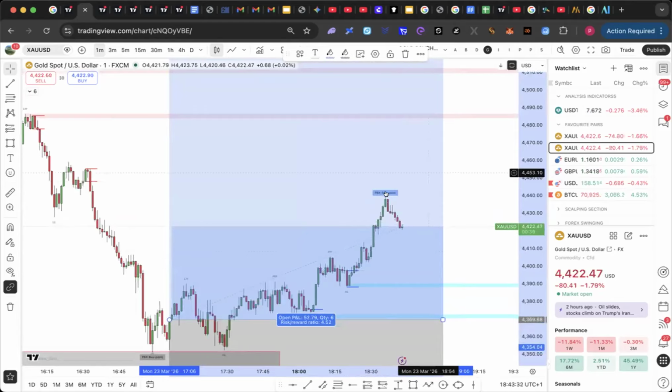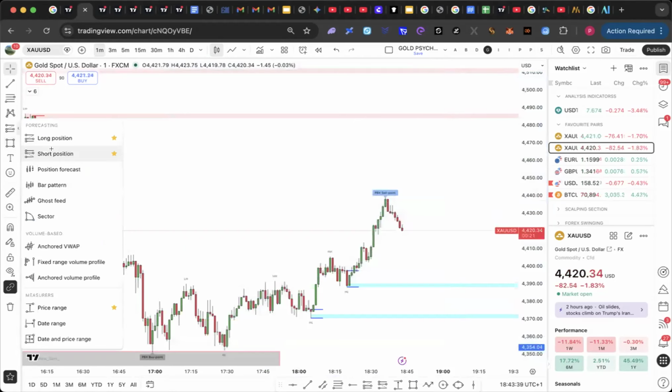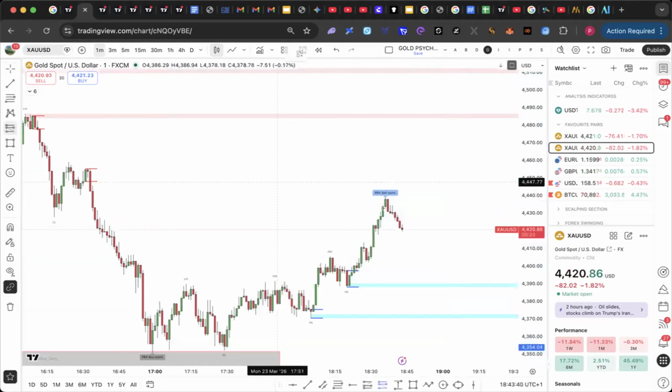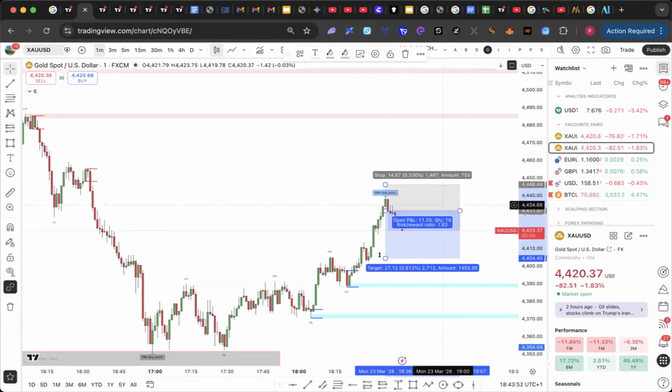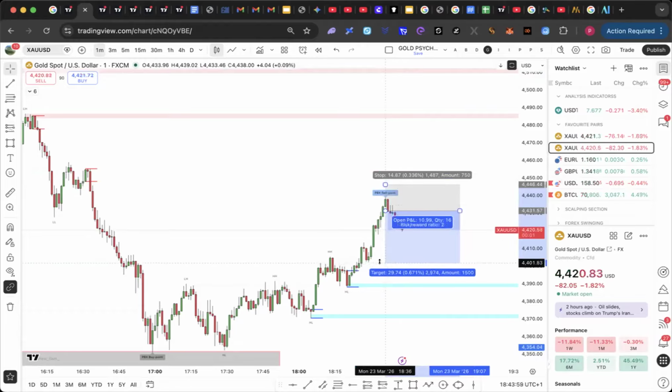So that means, look at it here. I'm going to take the short position and then at the close of this, your stop loss here, 14.87. That's 148.7 pips. Okay, so 1:2 risk reward. All right, so you can see why if your account is very small, you need to work with a lower time frame.